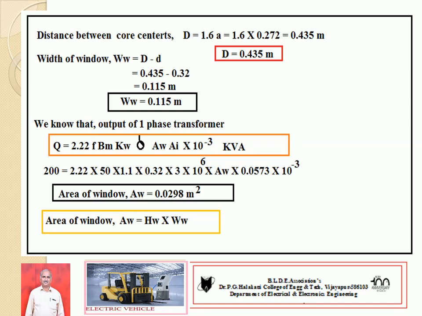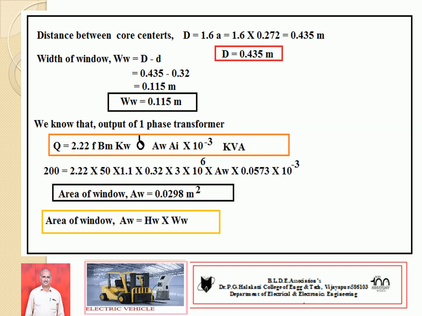Substitute all the values, keeping Aw as it is. Only you have to take care of current density. Current density 3 amperes per millimeter square is there. You take 3 into 10 to the power of 6, converting amperes to meter square. Then we get the area of window.